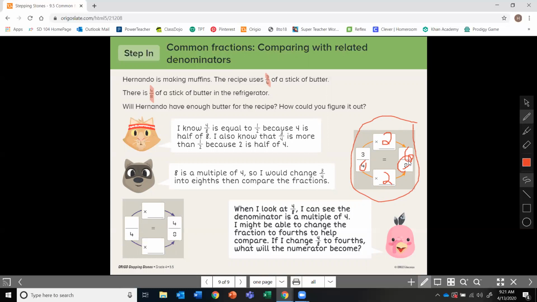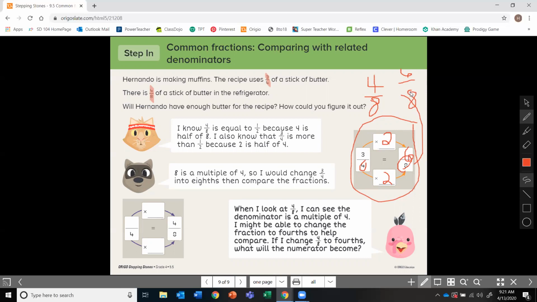Okay, 6/8. So if you look at it, there's 4/8 of butter in the fridge. And Hernando needs 6/8. So does he have enough butter?